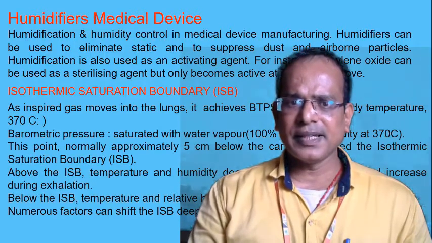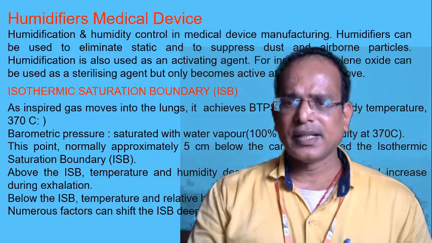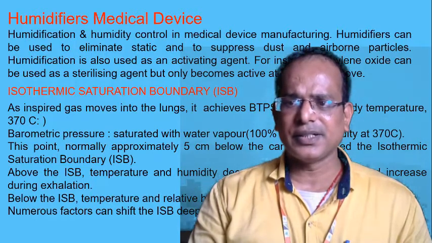An inspired gas moves into the lungs. It achieves BTPS condition, that is body temperature, pressure, saturation, at 37 degrees Celsius, barometric pressure, saturated with water vapor, that is 100% relative humidity at 37 degrees Celsius.